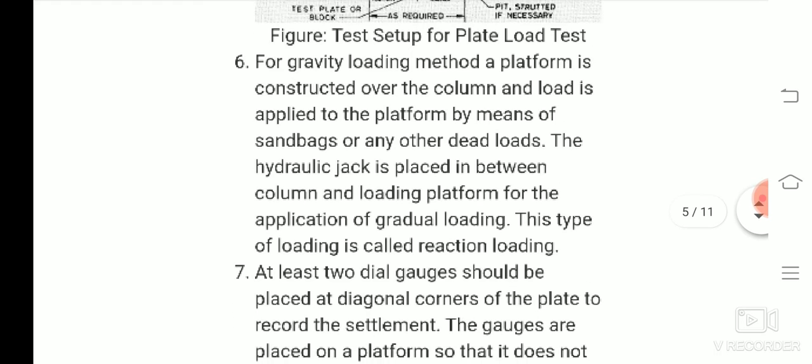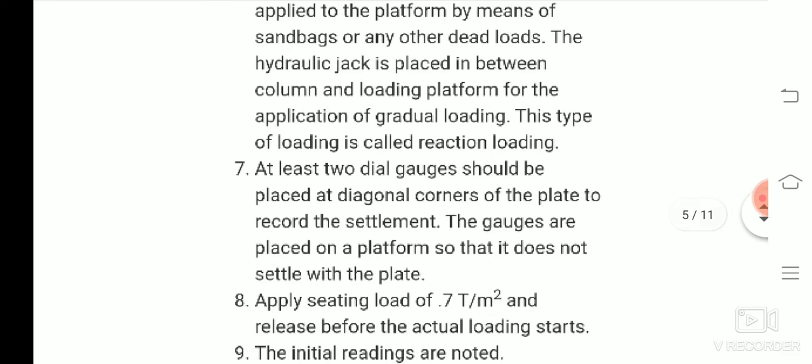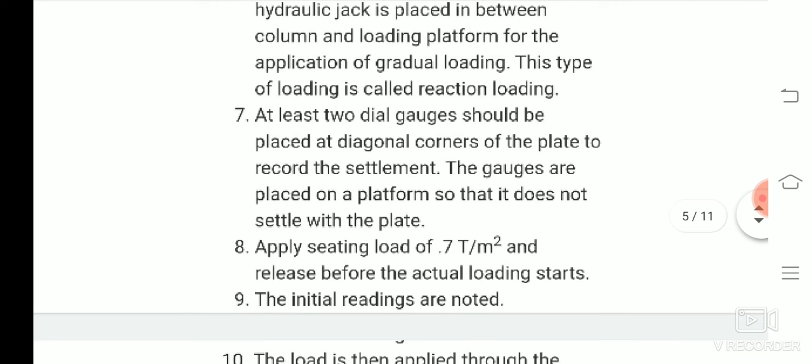The hydraulic jack will be placed in between the column and the loading platform for the application of gradual loading. This type of loading is known as reaction loading. At least a minimum of 2 dial gauges should be placed at the diagonal corners of the plate to record the settlement. The gauges are normally placed on the platform so that they do not settle with the plate.